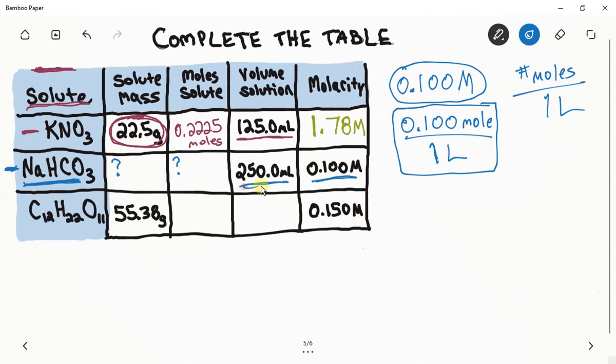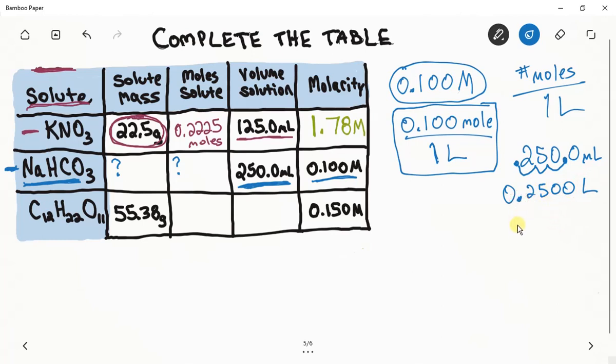But if you go back to the volume solution box, we don't have 1 liter of water. We only have 250 milliliters of water. So first, let's take that 250 milliliters and change it into liters. Take the decimal point and move it back 3 spaces. Now you have 0.2500 liters.